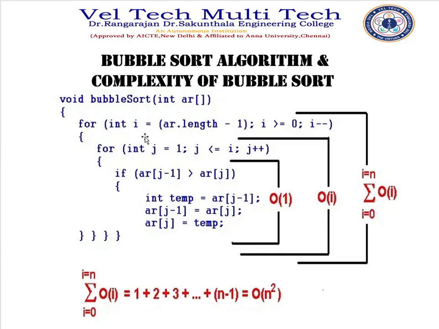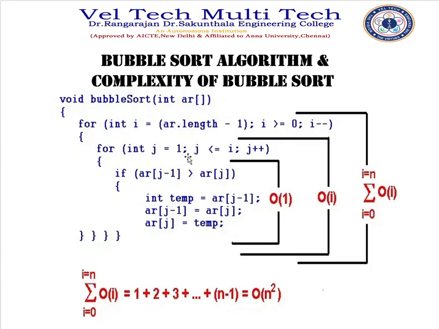After this, the loop control for passes contains the number of passes, starting from the last index, mentioned as ar.length minus 1, and moving backwards until it reaches 1, mentioned as i minus minus. Then the second for loop, int j is equal to 1, j is less than or equal to i, j plus plus, compares the adjacent elements from the starting index to the current pass limit.